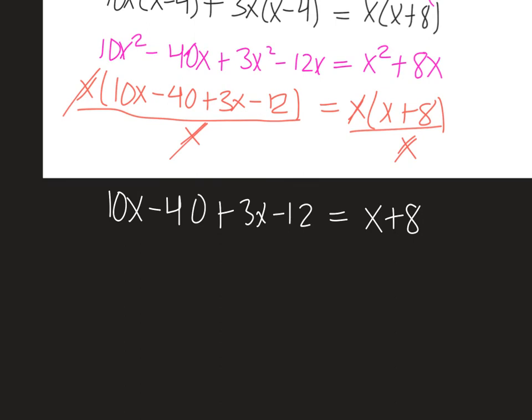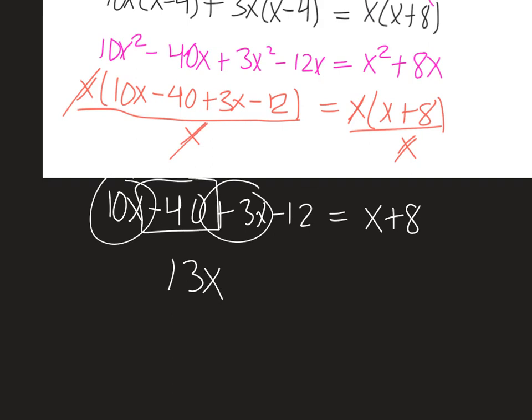And then it's just a simple solve, guys. I need all my x's on one side. So, well, first I'm going to combine like terms over here. So I'm going to combine this and this and get 13x. Then I'm going to combine negative 40 and negative 12. That's going to be negative 52. And that's still going to equal x plus 8.